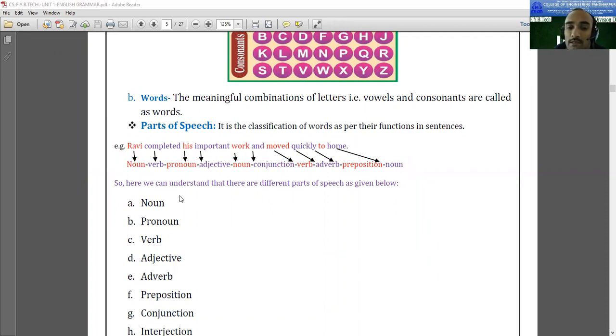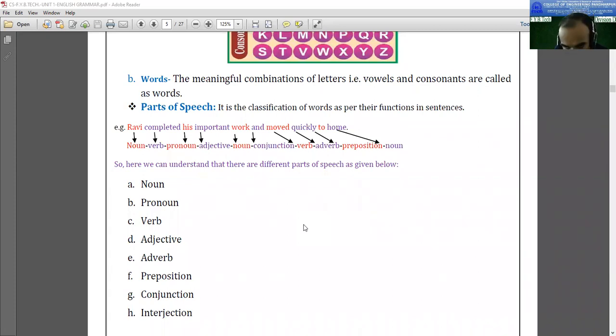So here we can understand that there are different parts of speech as given below. We have used different parts of speech in the example above.